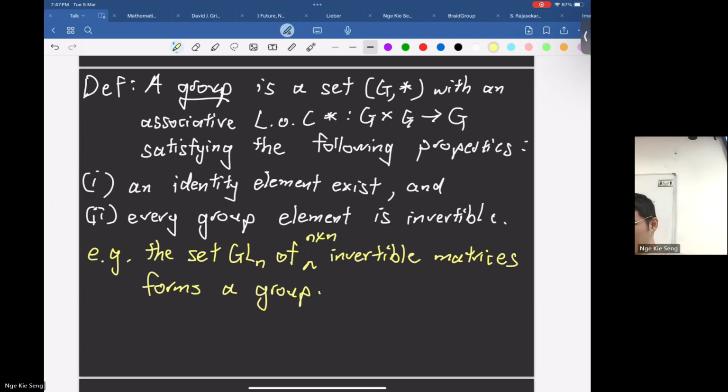So how do you find the inverse of a matrix? You learned in linear algebra, right? What's the method you use? For 2 by 2 it's just 1 over AD minus BC, and then you swap some terms and add some minus signs. But in general, how do you find it?